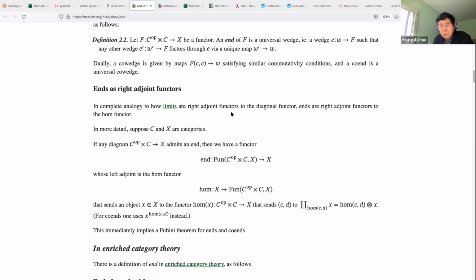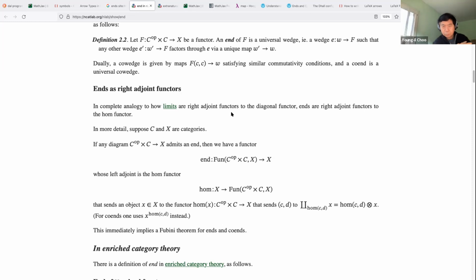Okay. And it's diagonal. You can see it most clearly if the diagrams are just pairs. Your shape of diagram is just two objects with no arrows between them. So the limits of that shape are just products.